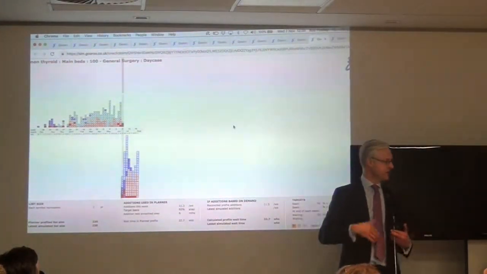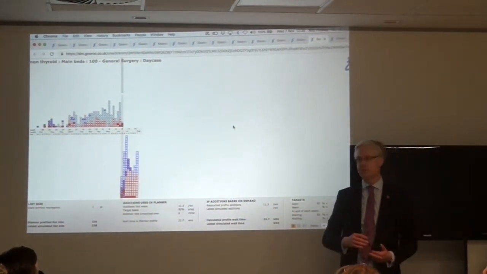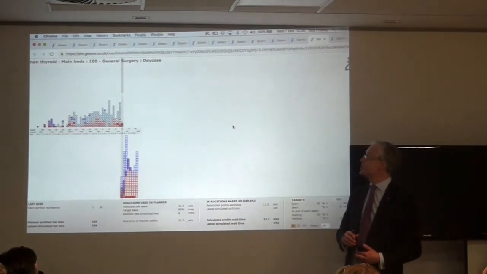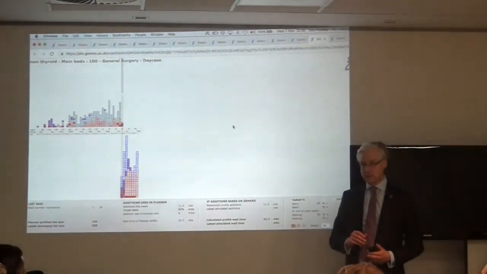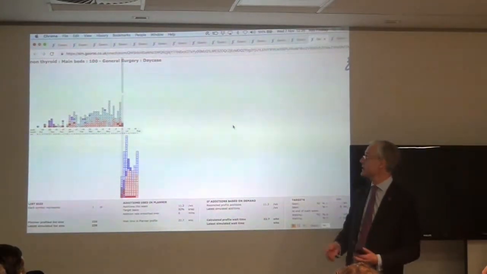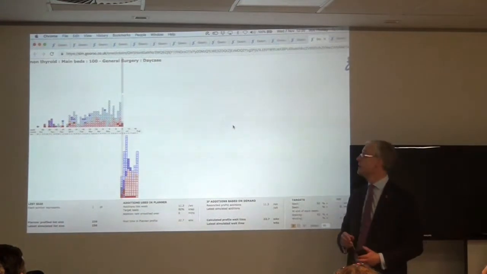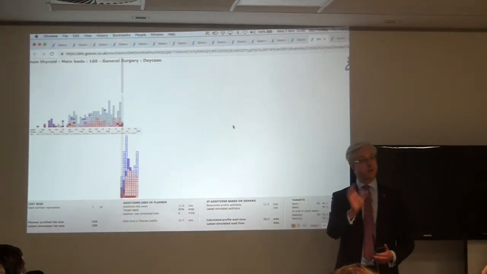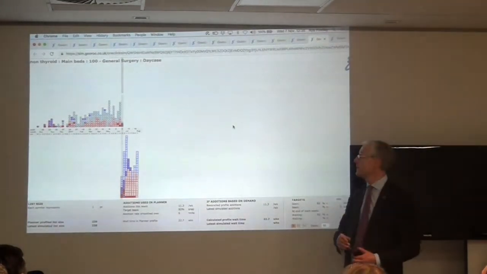Orthopaedics is a specialty with very low urgency rates, typically about 5–10%, depending on how much spinal work there is. This is a general surgery day case list. Quite a high proportion of urgent. High proportion of urgents, yeah, that would be the main difference. Very high proportion of urgents, lots of cancer work. General surgery day cases tends to overlap quite a lot with endoscopy as well, so you've got quite a lot of cancer work in there, bowel surgery and stuff.